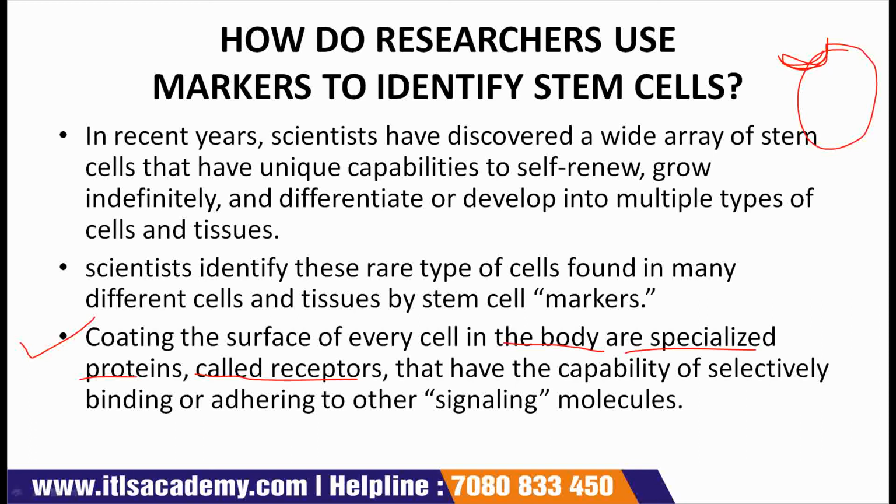That is, receptors are present on every cell, but there are various kinds of receptors. These are not the same in all cases. They will vary according to the cell on which they are present, but the surface markers are present on each and every cell.